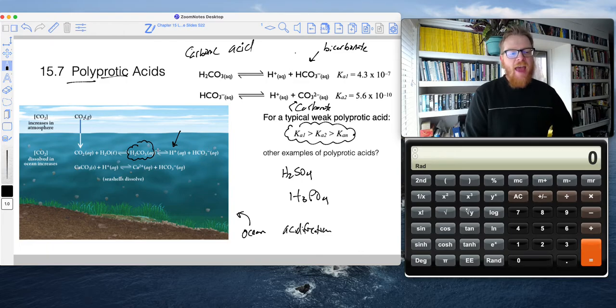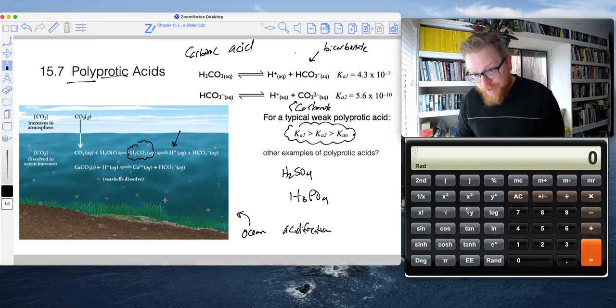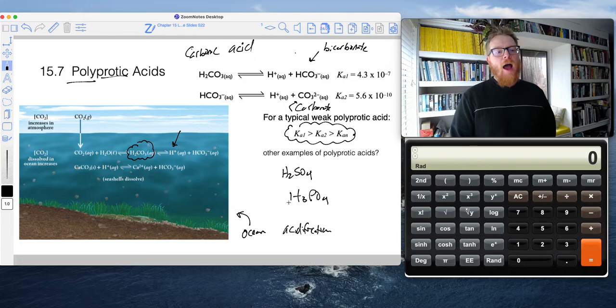Okay. And that H+ can actually dissolve calcium carbonate. So as one detrimental effect, that can really affect coral. Okay. But also there's a nice Le Chatelier's principle going on here, right?